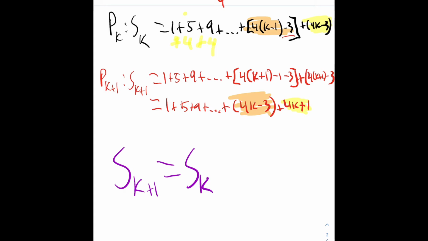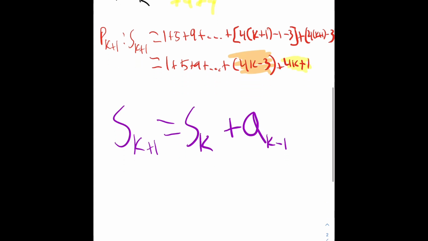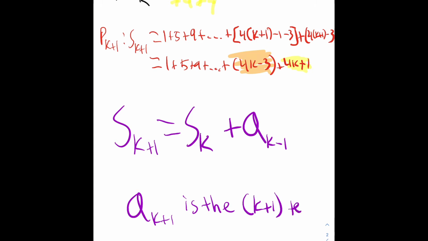So the next term is going to equal the previous term, the one less term, plus a sub k, and then again a sub k plus 1 is the k plus 1 term.